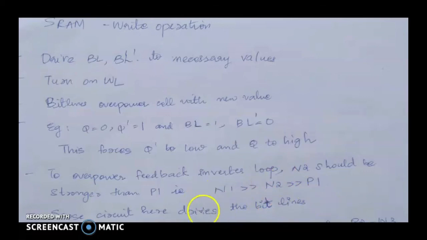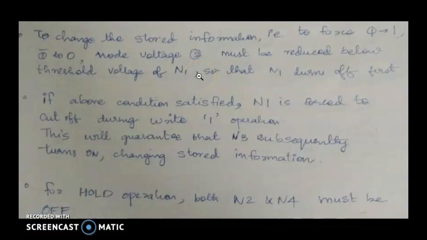Then for driving the bit line, the sense circuit will be activated. So to change the stored information, that is to force Q to 1 and Q bar to 0, the node voltage must be reduced below the threshold voltage of N1 so that N1 turns off first. If the above condition is satisfied, what was the above condition? N1 stronger than N2 stronger than P1.